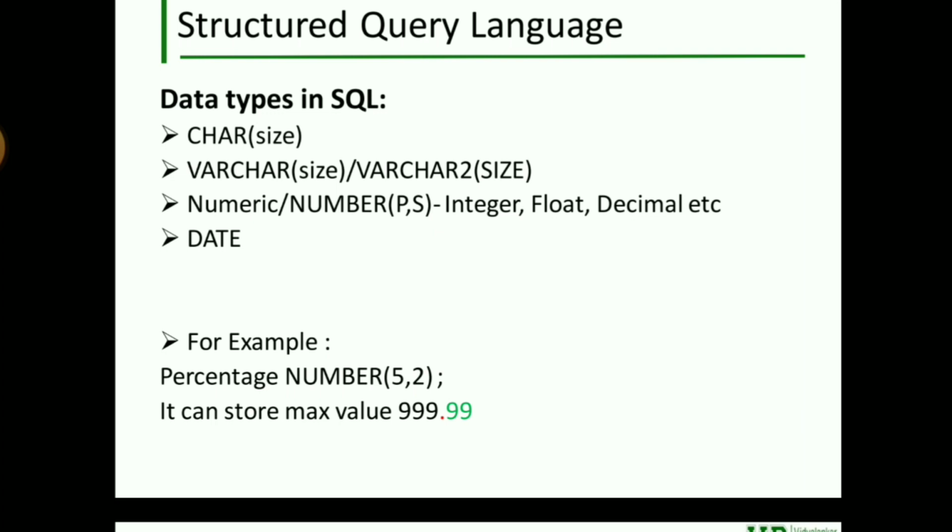Number can be integer, float, decimal, etc. Okay, now we have the date type. Char will store fixed length characters, varchar will store variable length characters, and number will store integer or floating numbers. Date will store the value in dd-mm-yy format.